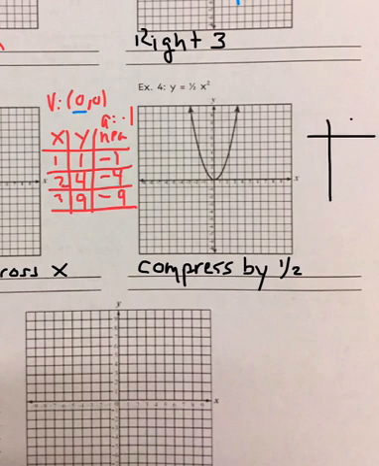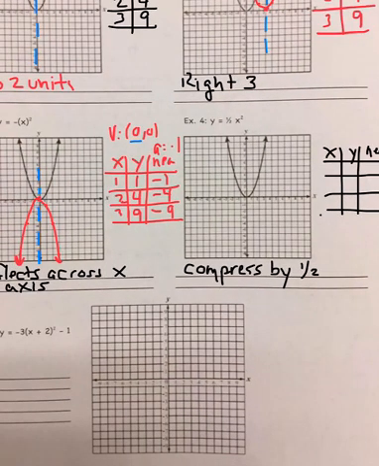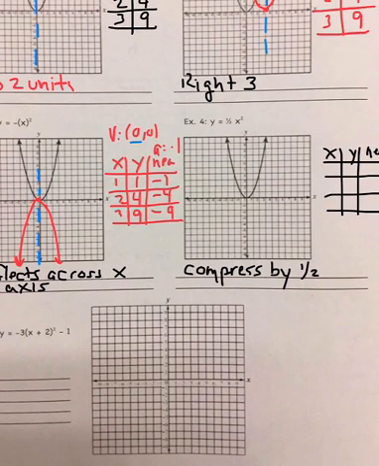So when I do my table, I have x, y, and new y. If I can slide it over for you to see, still 1, 2, 3, 1, 4, and 9, and then now I multiply it by 1/2.